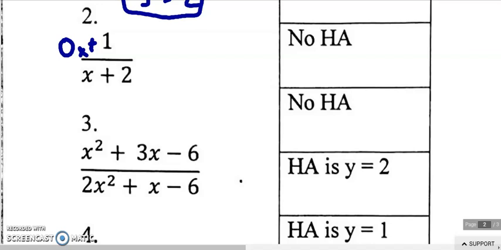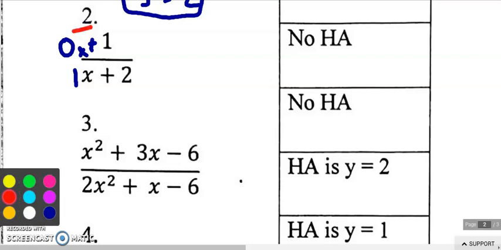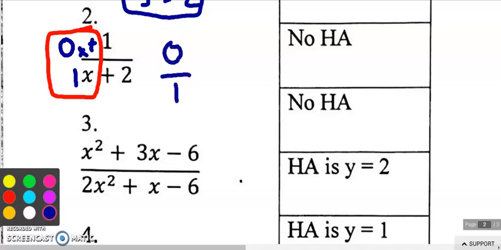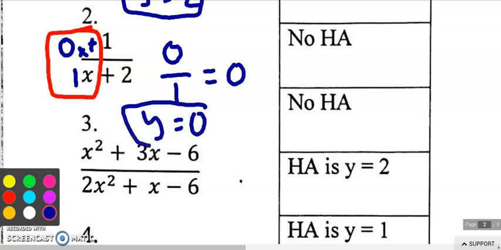The other thing that I'm going to remember is that if they don't put a number in front of my x, I can imagine that there is a 1 where the coefficient should be. So when I isolate that fraction, 0 over 1 is equal to 0. So my horizontal asymptote is at y equals 0.